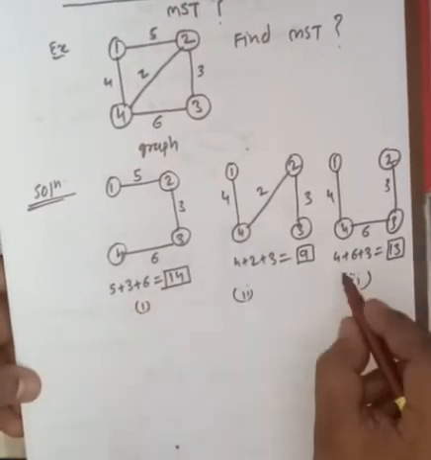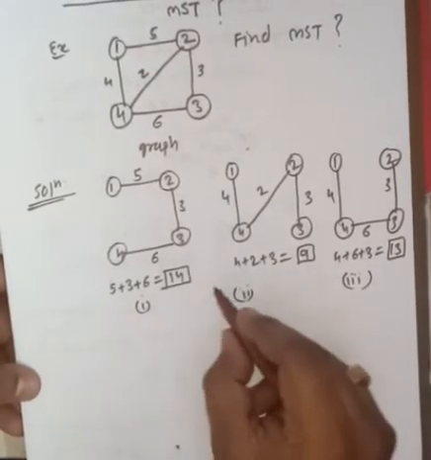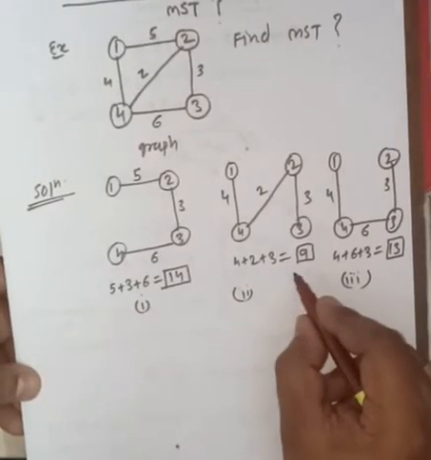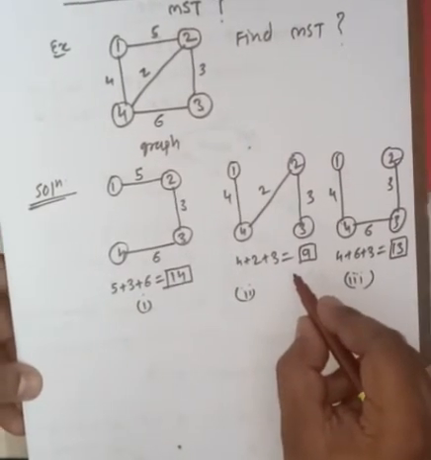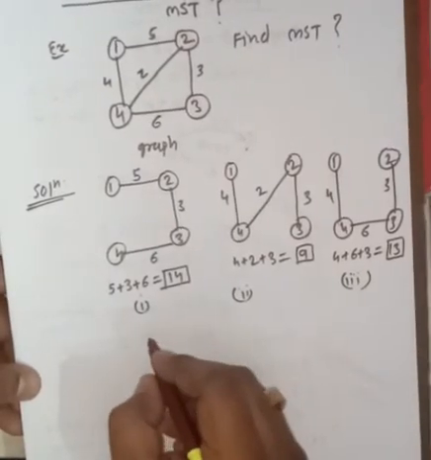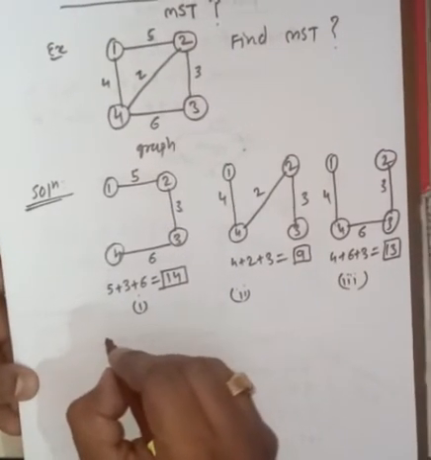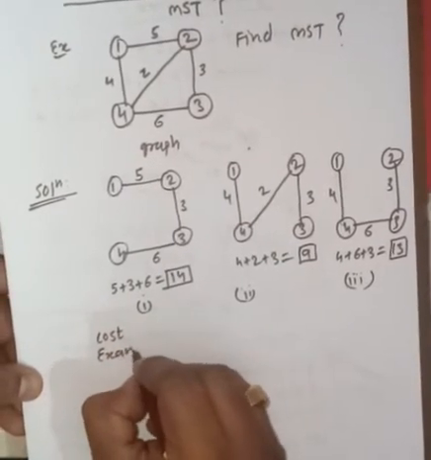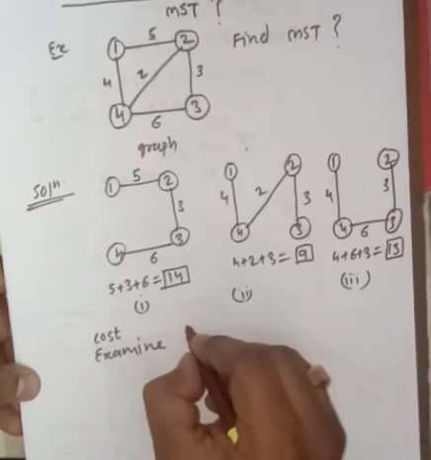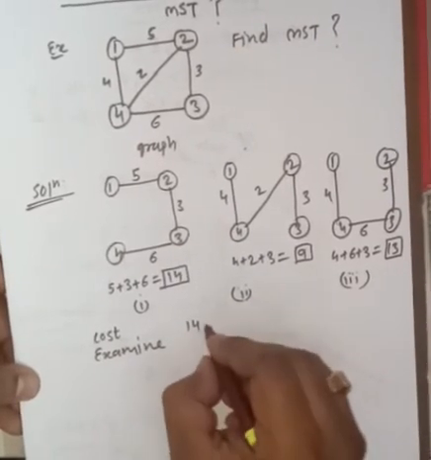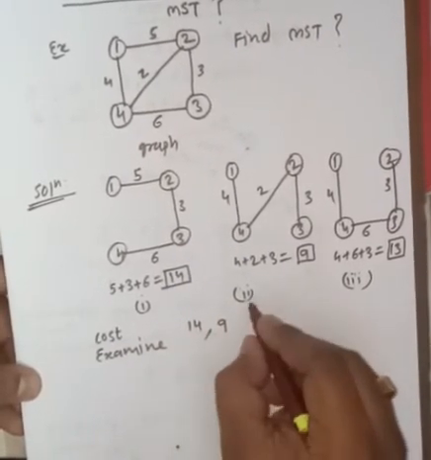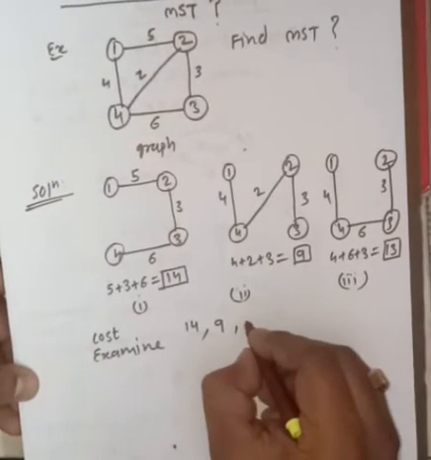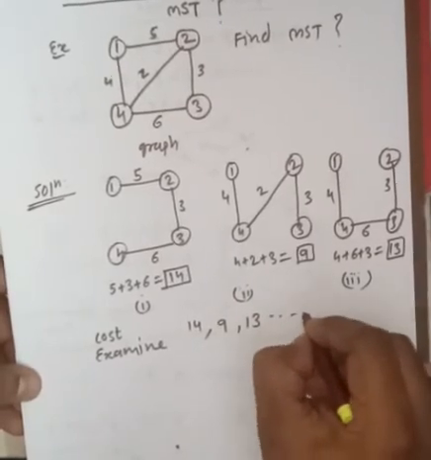After calculating all the different cost factors for the different spanning trees of the given graph, we can combine them and examine the costs of these spanning trees. For spanning tree 1, it is 14, for spanning tree 2, it is 9, for spanning tree number 3, the cost is 13, and likewise.